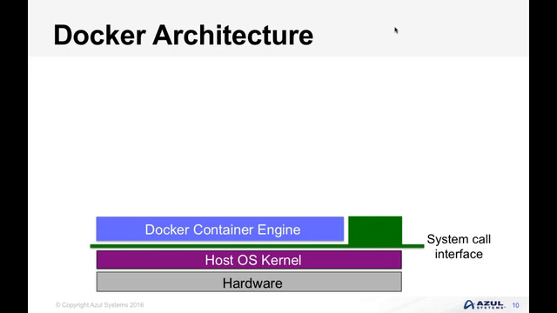And in Linux, there are a number of well-defined system calls, things like open, close, read, write. There are more obscure ones like ioctl, which is IO control. But there are lots of system calls that can be used to interact with the Linux kernel and therefore with the hardware. So the Docker Container Engine uses those system calls.